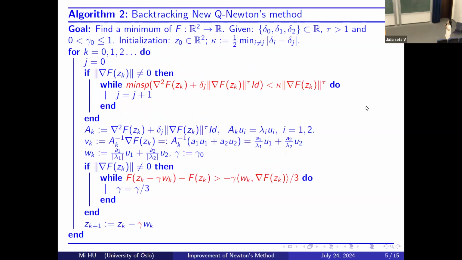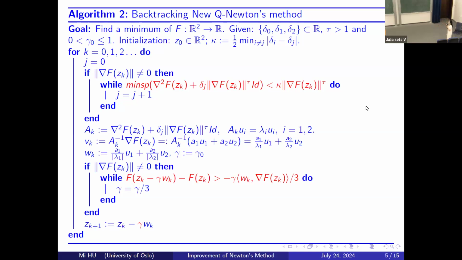So we choose delta J such that the absolute value of the minimum eigenvalue is bigger than this. Why? Because sometimes your eigenvalues can be very small, then your inverse becomes very big.